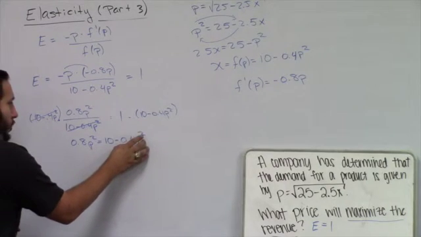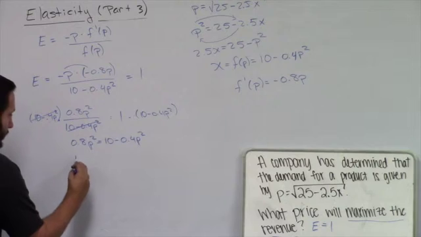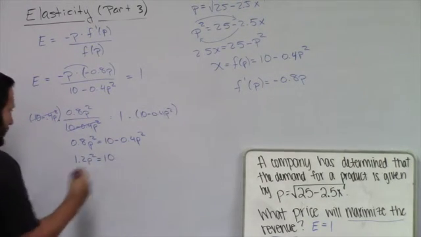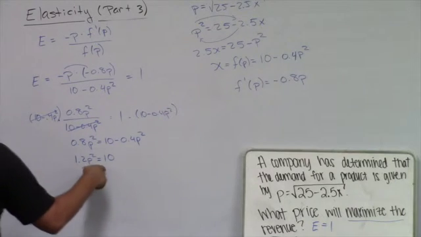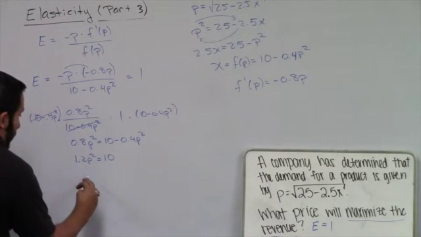I'm going to take this 0.4P squared and add it over to the left side. So we got 1.2P squared is equal to 10. I'm going to divide 1.2 to each side. So 10 divided by 1.2, we get 8.33.